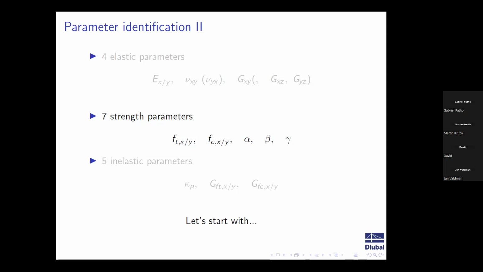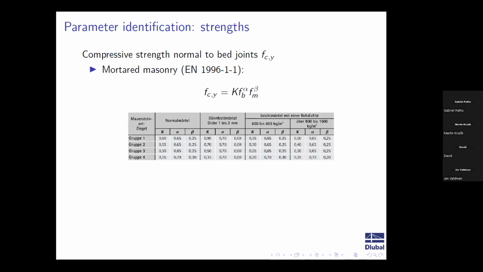So let's start with the strength parameters, because some of these are quite straightforward and they are well defined also by the standards. Here we are talking about the Eurocode, especially Eurocode 6, which prescribes the foundations, or what should be considered, for masonry in Europe.